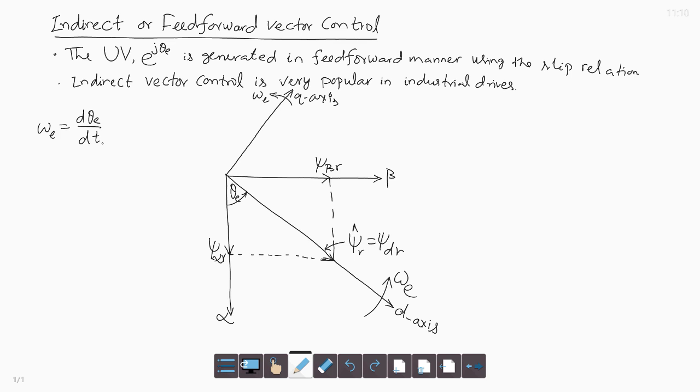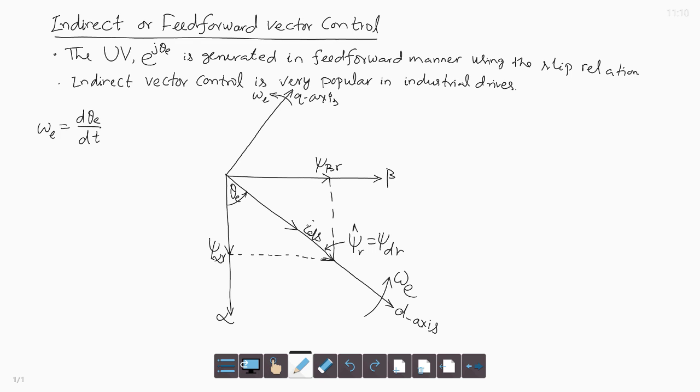And then the essential fact about vector control is that the stator current component IDS is oriented along the rotor flux psi r.